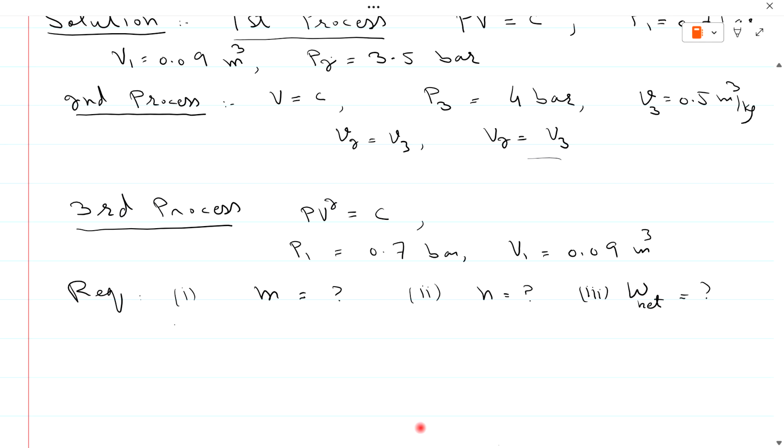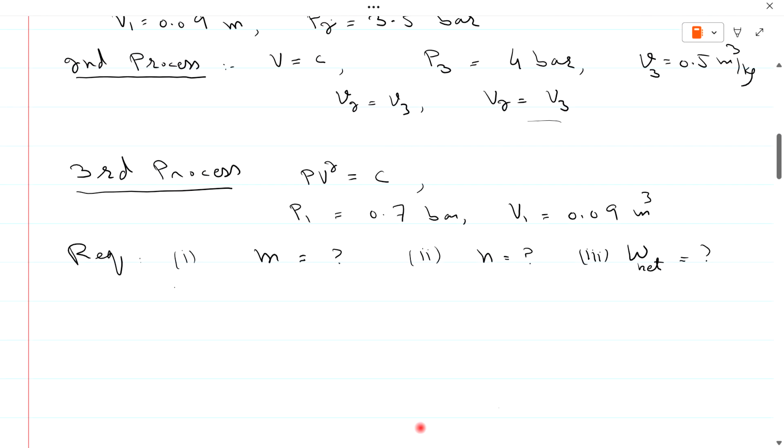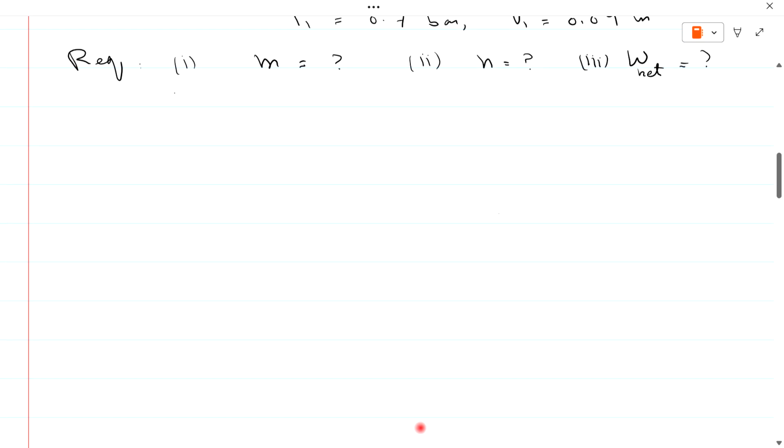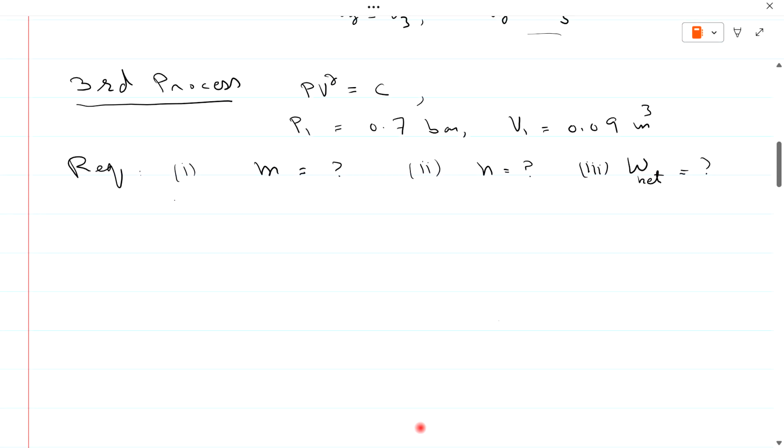So first, sketch the PV diagram. For this we find the total volume. From the third process, which is according to PV^2 = C, this implies that P1 V1^2 is equal to P3 V3^2. From this we find V3.